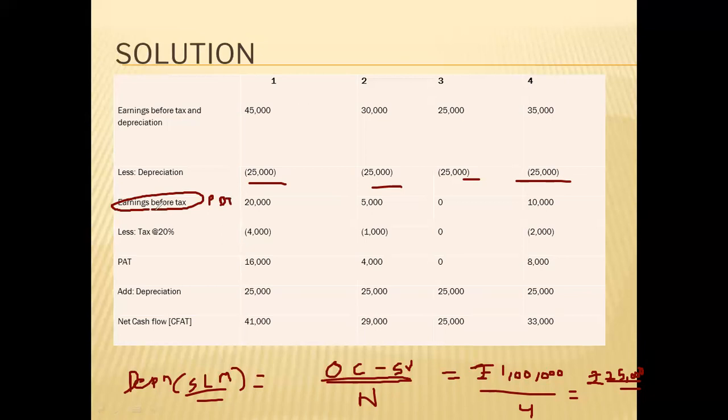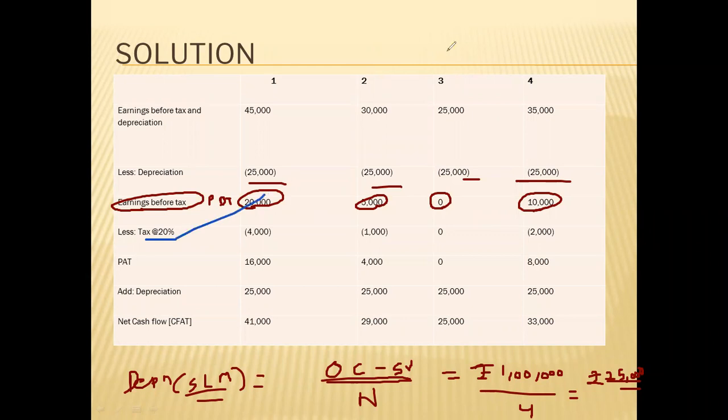This is the profit before tax. 45 minus 25, 20,000. 30 minus 25, 5,000. 25 minus 25, 0. And in the fourth year, 35 minus 25, 10,000. So this is the profit respectively for all the 4 years. Now tax is 20% given in the question.